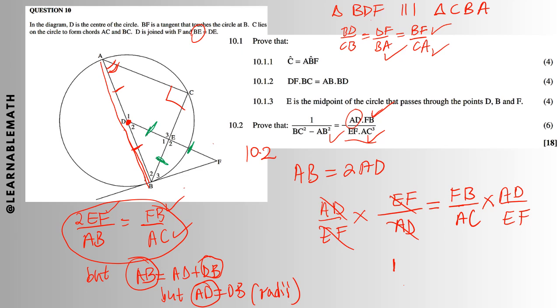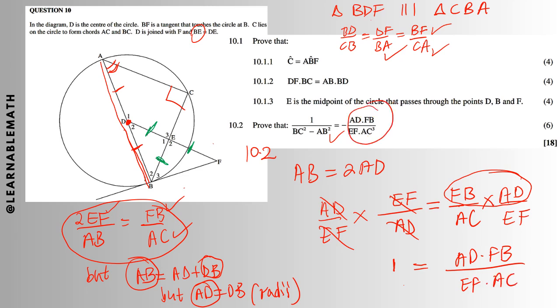I'm left with 1 is equal to FB times AD. So I have AD times FB divided by EF times AC. Can you see that we have something similar to what we have to prove there?